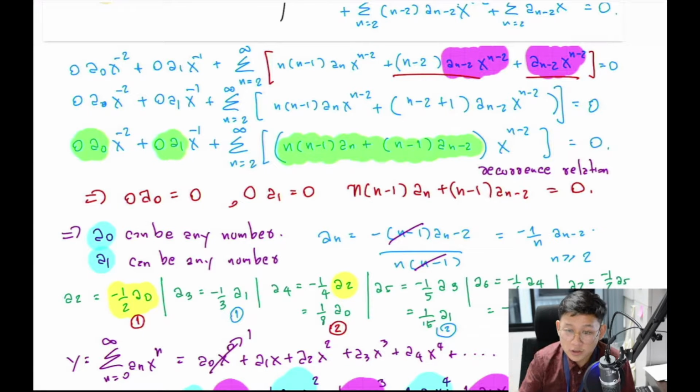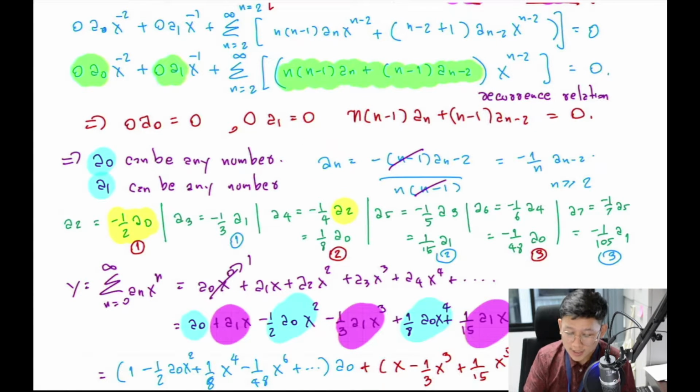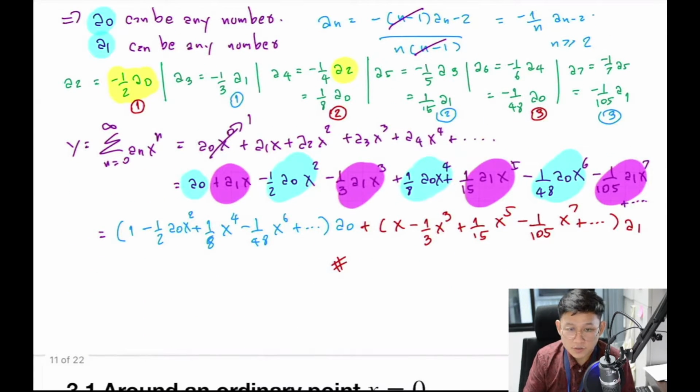And from this, you can obtain an from a(n minus 2), and you can define all the a's, right? a2, a3, a4, a5, a6, and so on, using this recurrence relation. And then you write down the solution in this form. Okay, I forgot to write one line. I should write where a0 and a1 are any constants. Good, and that is the solution.